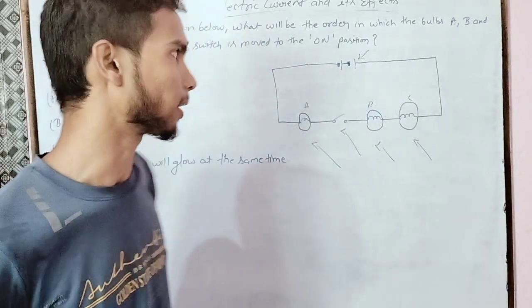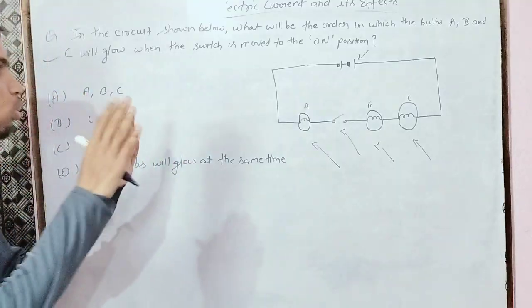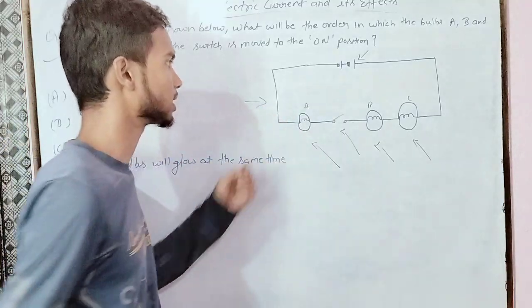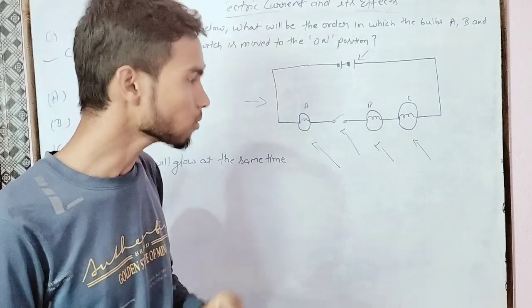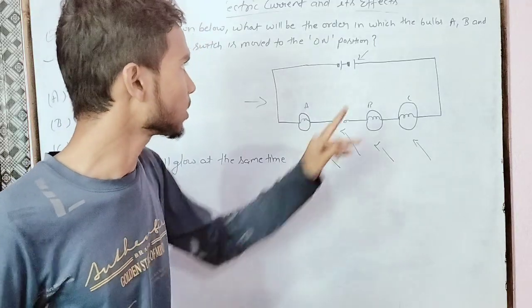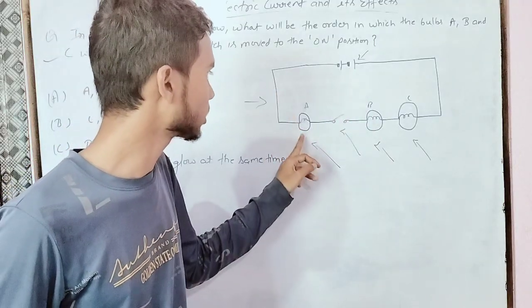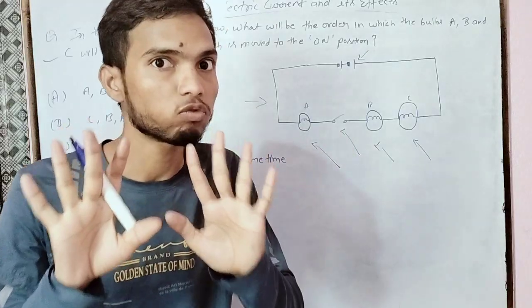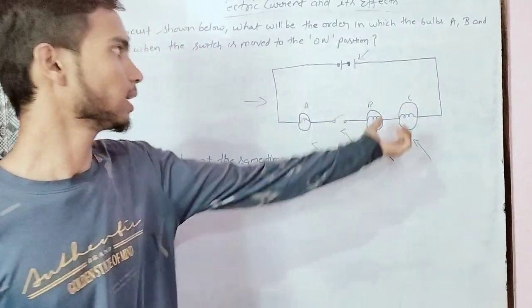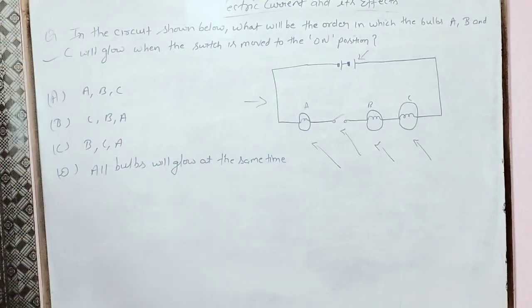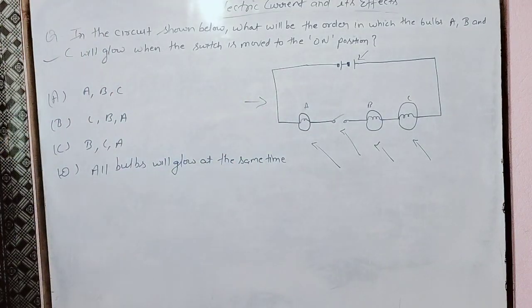It is a symbol of a battery. This is a symbol of a wire. We have four symbols to make an electric circuit. Yes, of course it is an electric circuit.